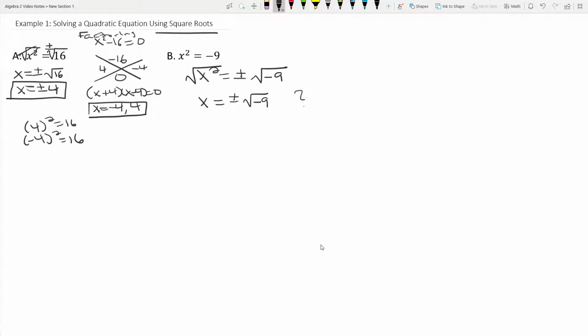There is no real number that squares to -9, because 3 squared is 9, and -3 squared is also 9. So there's no way to get -9 from these numbers. Because of that, we introduce a new number system known as the complex numbers. That's where we're going next.